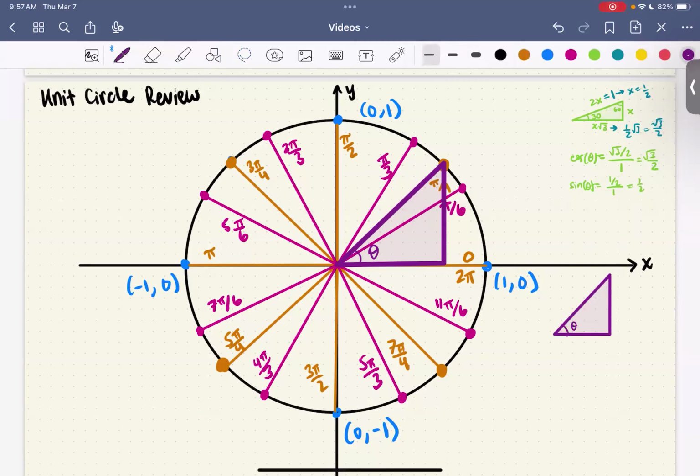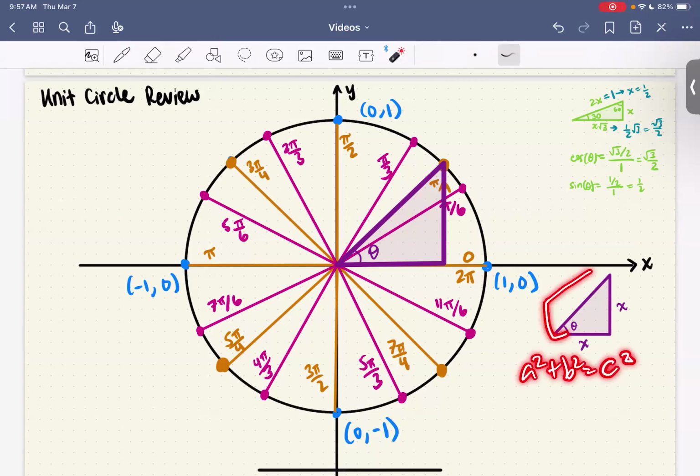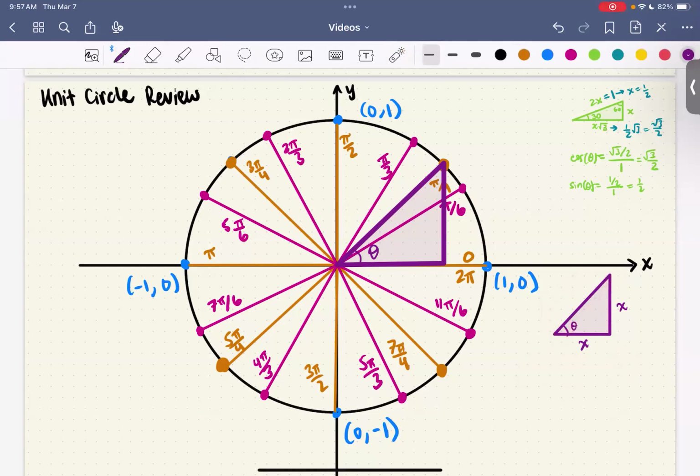If this is theta, the two legs have equal length because the two angles opposite them are equal. And if you used the Pythagorean theorem, a squared plus b squared equals c squared, you could find that the length of the hypotenuse is equal to whatever the length of the legs is times square root of 2. Okay. Now, again, we know that for a unit circle, this is the radius of the circle.